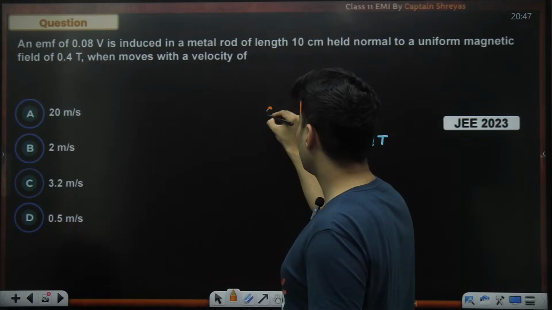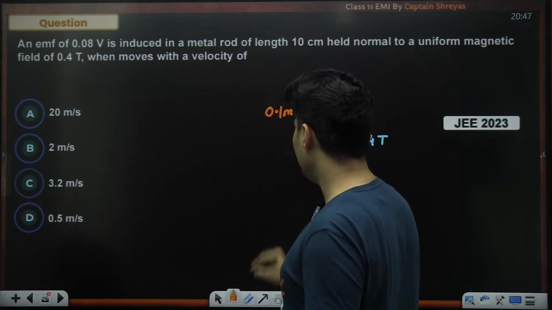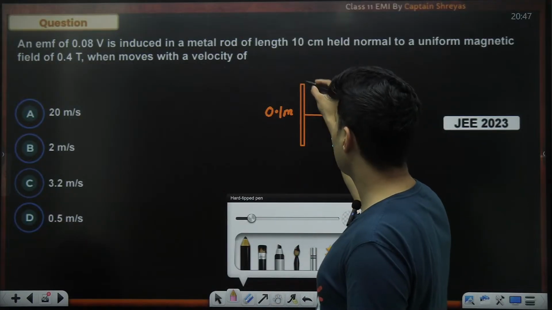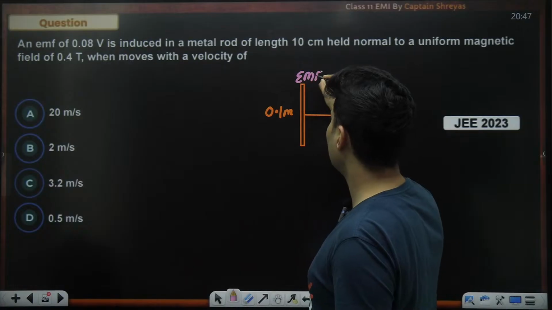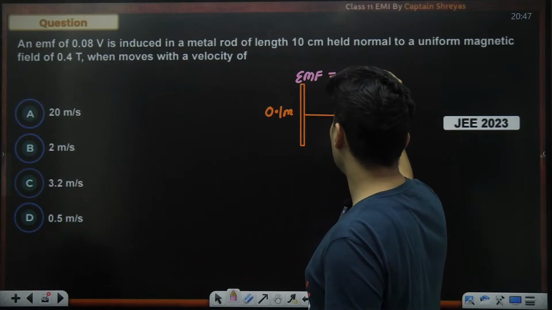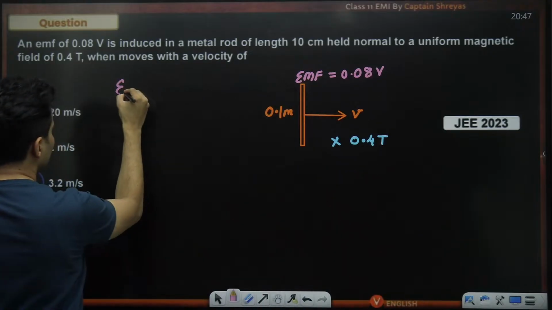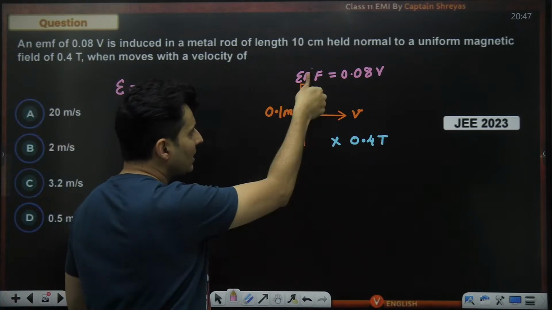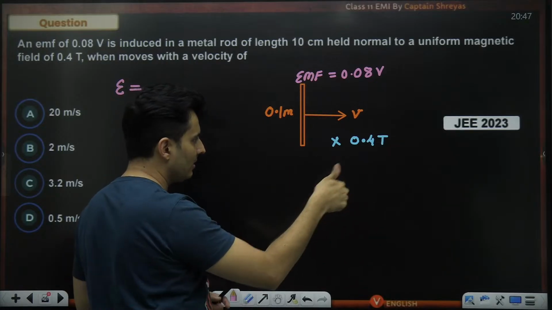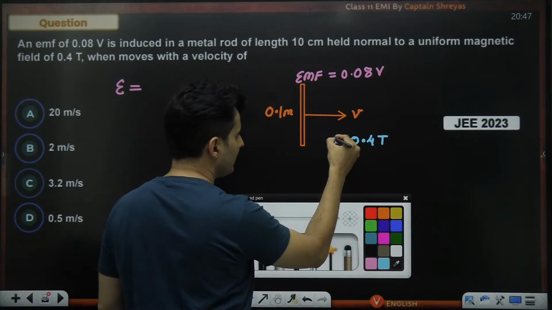The length of the conductor is 0.1 meter, and the EMF which is developed is given to me as 0.08 volts. In this scenario, it is obvious that velocity is here, magnetic field is inside.